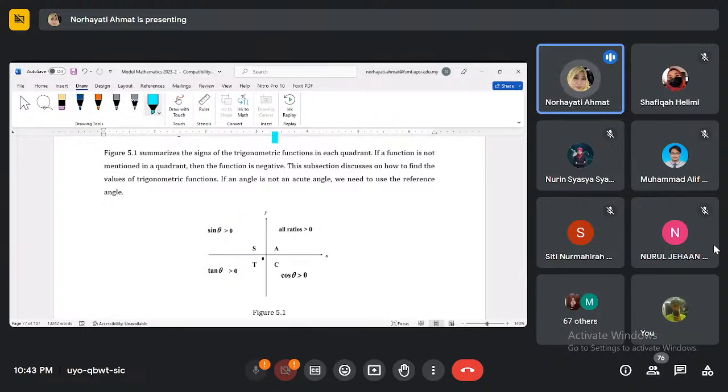Reference angle is always acute angle. Maksudnya reference angle selalunya less than 90 degree. So all functions are positive in first quadrant.